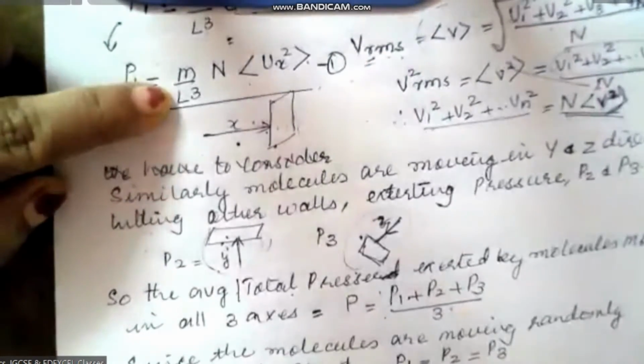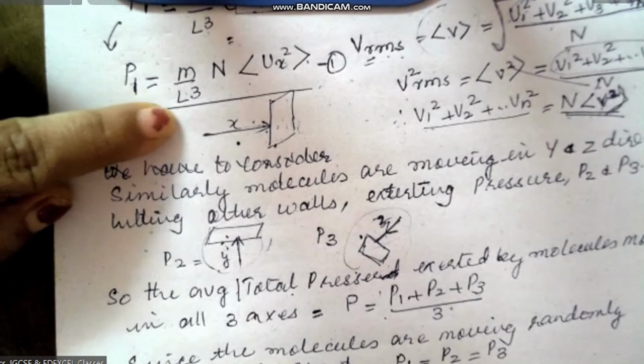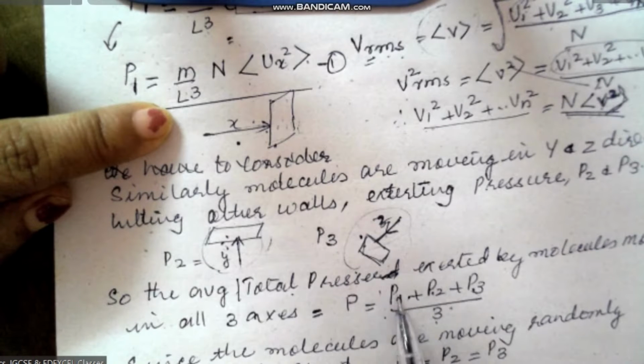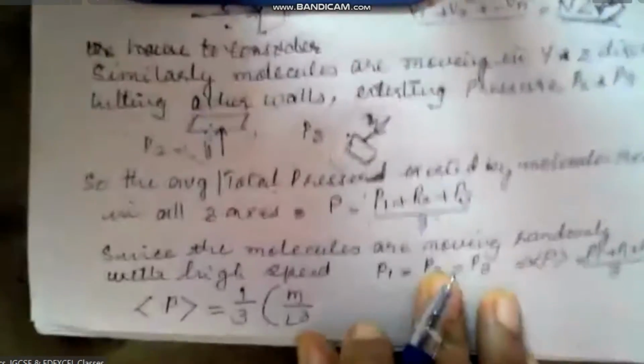So what can we do? We have to find 1/3 of each pressure. Therefore, average pressure is equal to 1/3 of this pressure, m by L cube. That means P plus P plus P divided by 3. You understood?